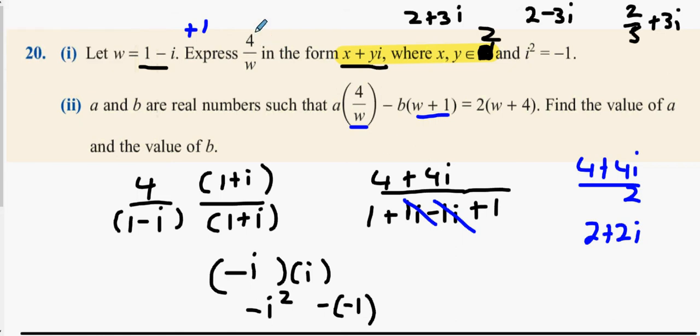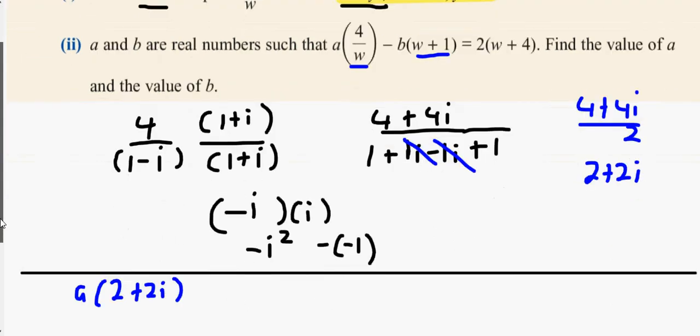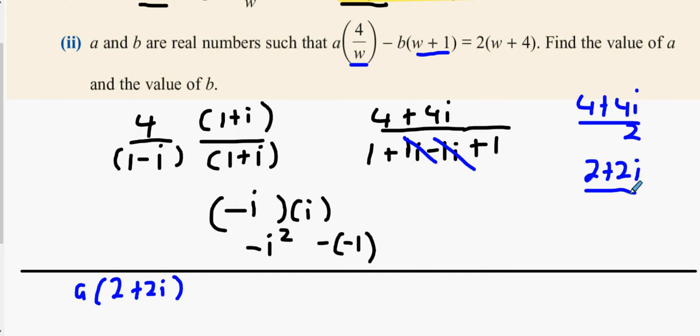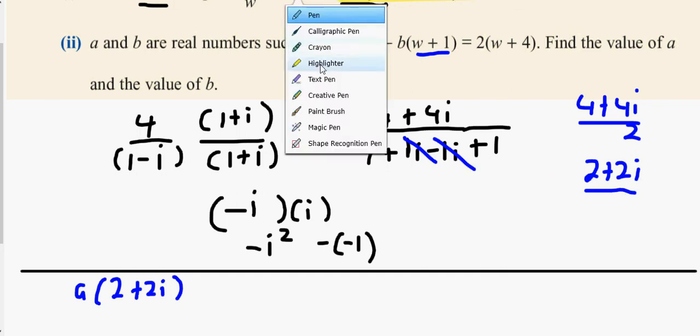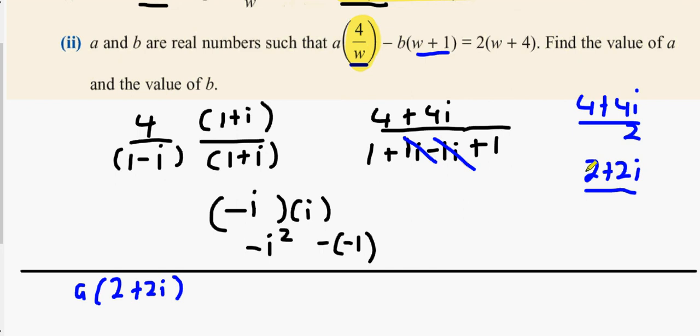In question 1, we did 4 over w, and the answer we got was 2 plus 2i. Are you with me there? Now, I'm going to highlight this part here, and I'm going to replace it with that part there. That's where I get this part from. All I've done is replace that yellow part with that yellow part.